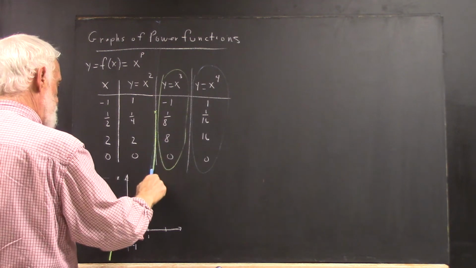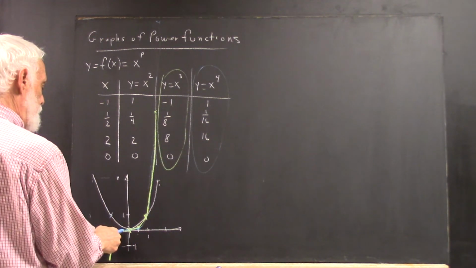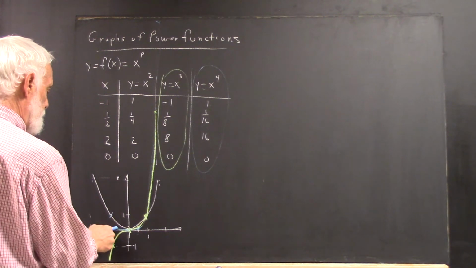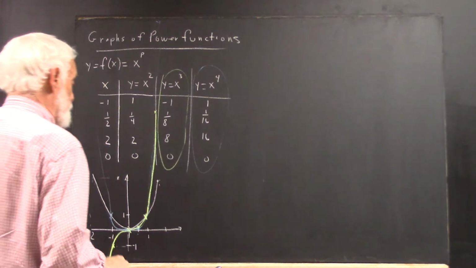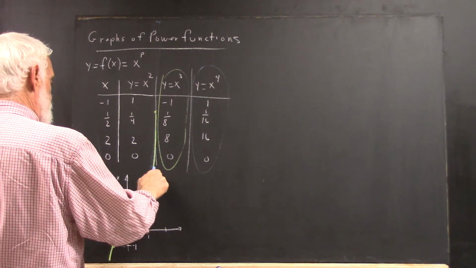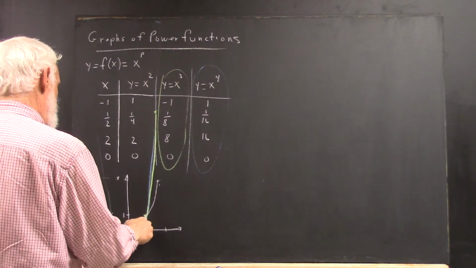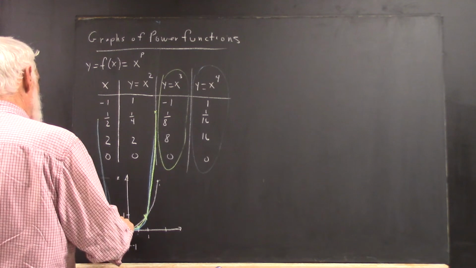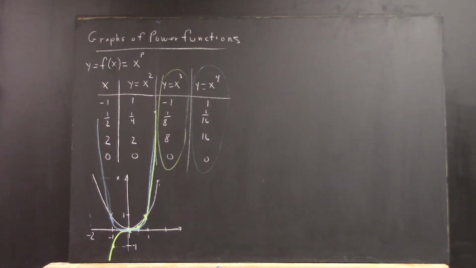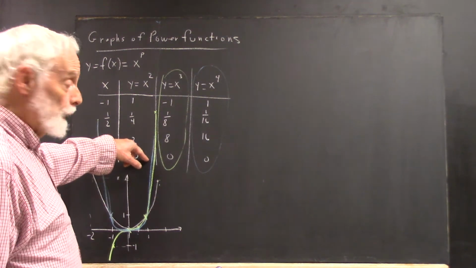It's going to be very steep. It's going to come down here and go through this point. It gets very flat down here. Then it comes up here, and then it takes off and goes way up here. Okay, so there's our graph of x to the 4th, something very much like this. Graphs get increasingly steep in the first quadrant.